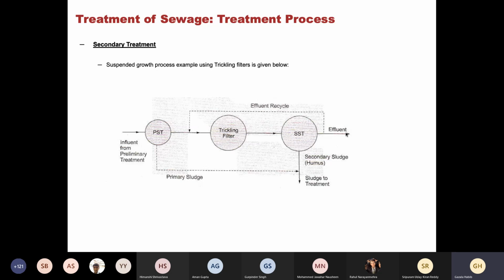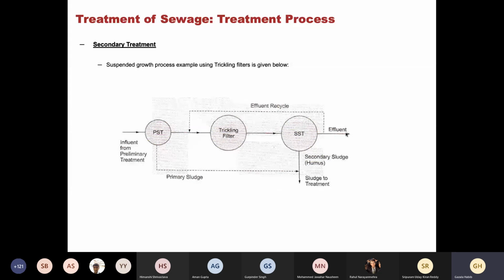During percolation, the bacteria present in wastewater consume the organic matter and form a layer on the filter media, like sand or gravel.